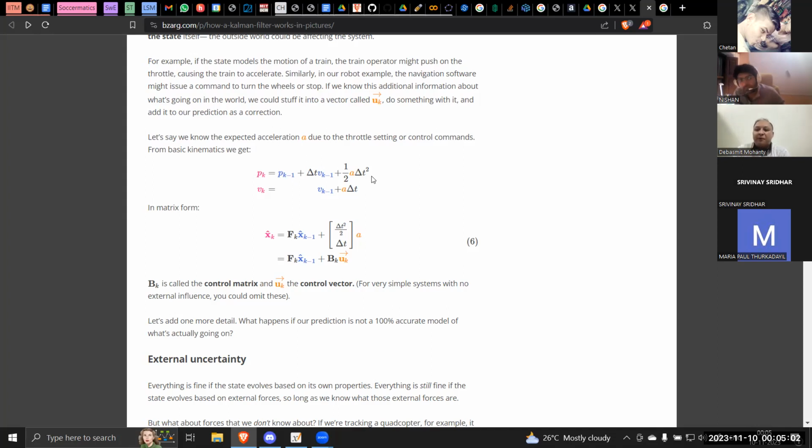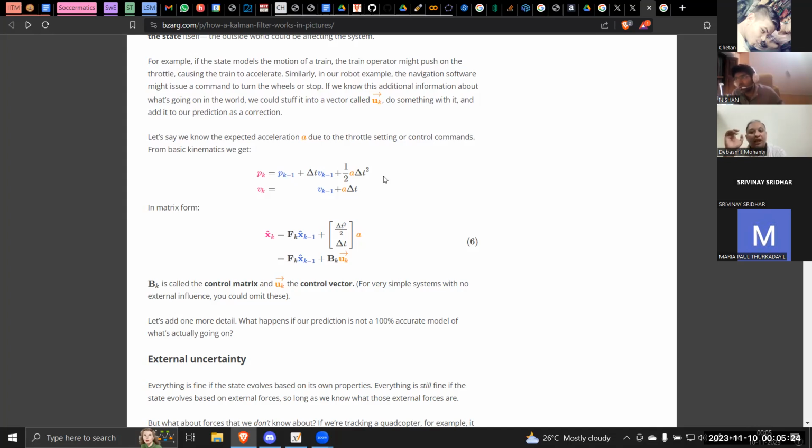If you remember, displacement is equal to ut plus half at square, where u is vk minus 1 because that is the current velocity, and s is pk minus 1.